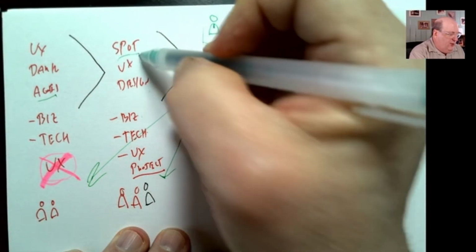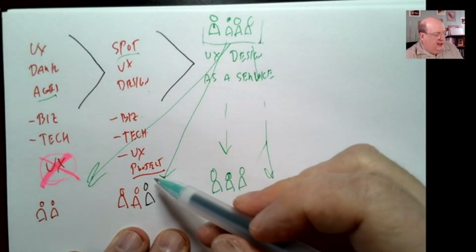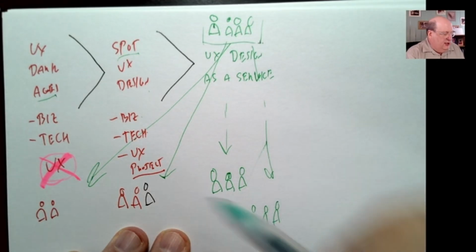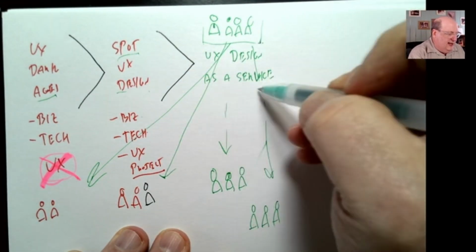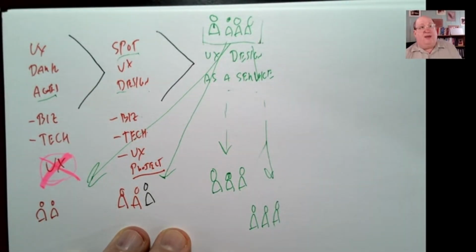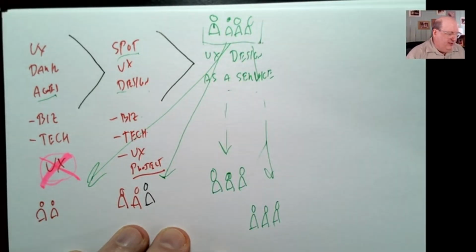Whereas in spot UX, you don't see them scheduling their next project to have a lot of UX ritual, UX practice, UX process. You don't see that here. With design as a service, there's a lot of emphasis on practice, on process, on methodology. And so you see that happening here.